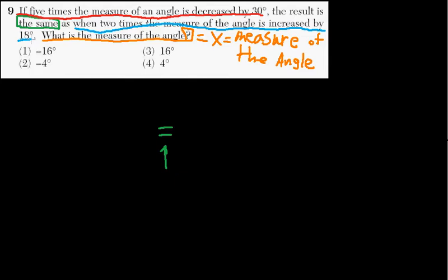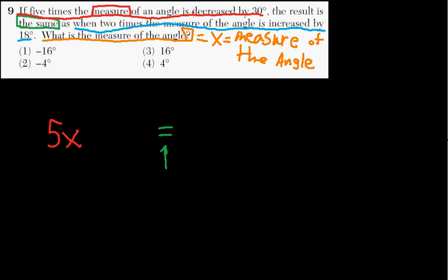So let's take the red sentence, the first part that came before this equal sign, and try and parse that out. It says, if 5 times the measure of an angle, well, here's measure. Here's what we're using as x. So 5 times the measure, that's just 5x.